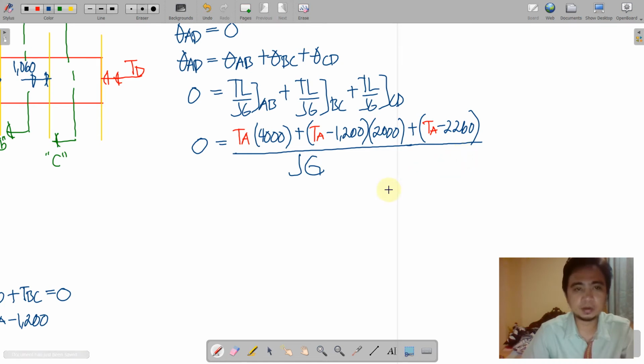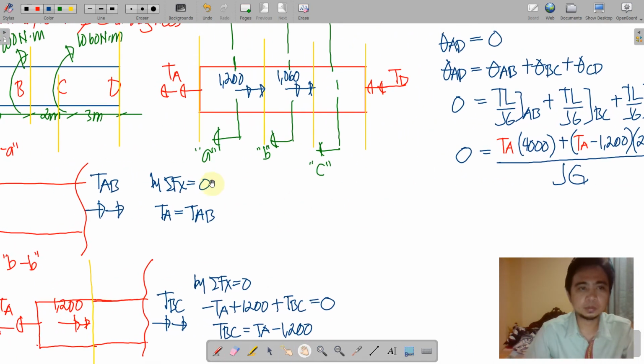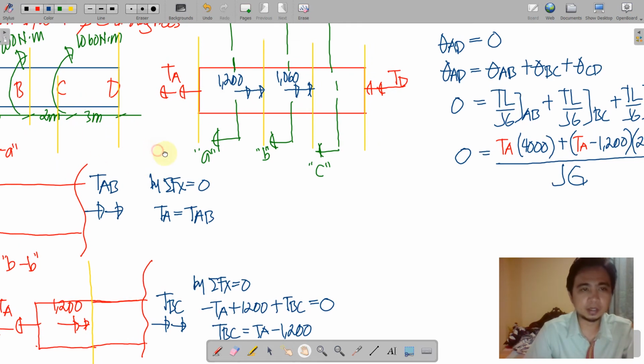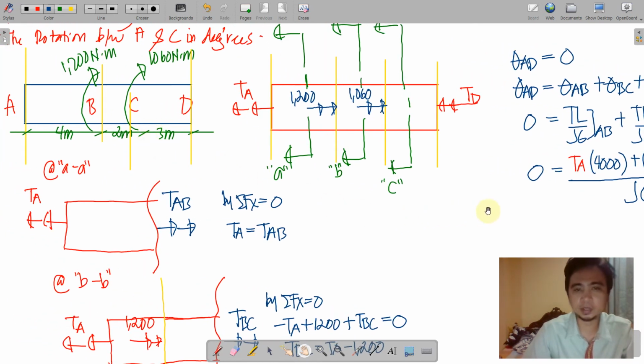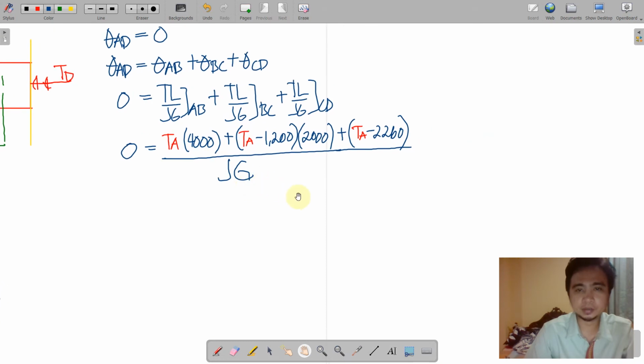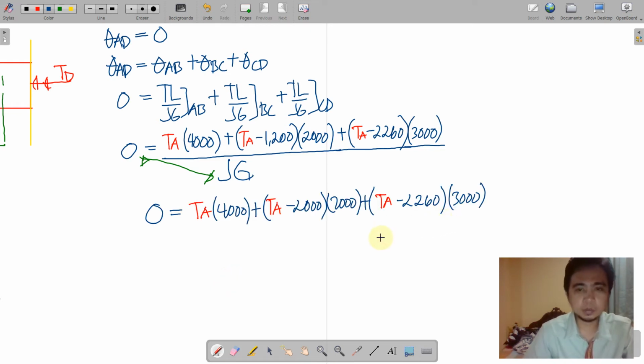So for the length of CD, we have here 3000 millimeters. So that is the 3000 there. In the meantime, we do not need to write or expand this JG here because it will just multiply to 0 by cross multiplication. Okay. So what is left is this equation.